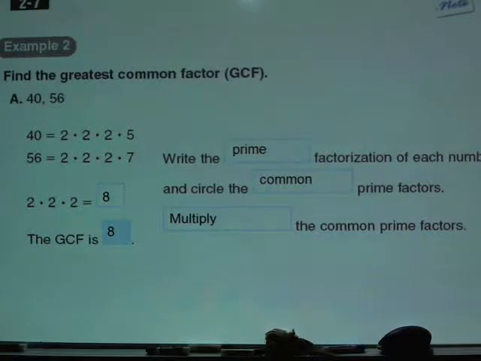Now maybe you've forgotten, so let's go back and refresh our memory here. When we're doing prime factorization, what we're doing most often is creating factor trees. And factor trees are simply a branching diagram that finishes off a branch when you've reached a prime number.